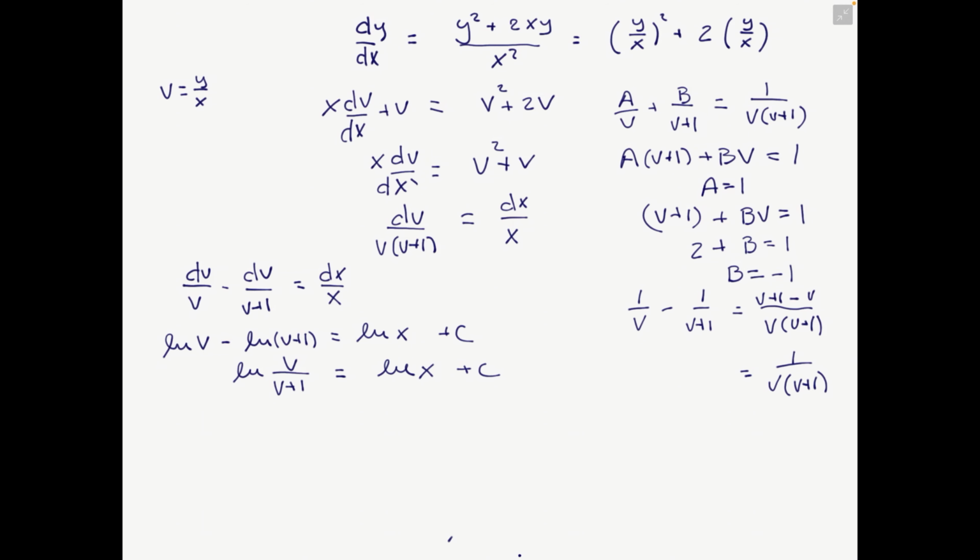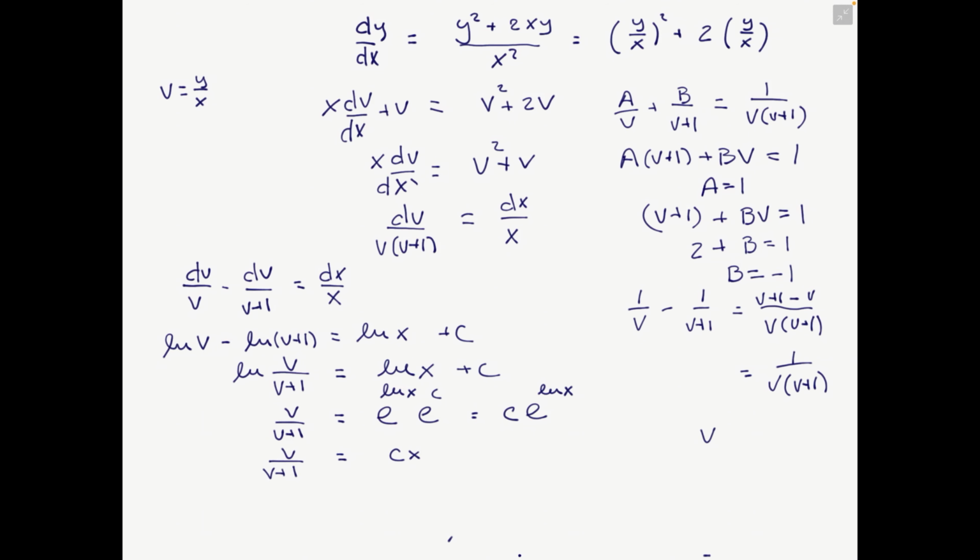And if we then raise it all to an exponential, take e to the ln, we would have v over v plus 1 is equal to e to the ln x times e to the c, and that would be c times e to the ln x, and then we get cx equals v over v plus 1.